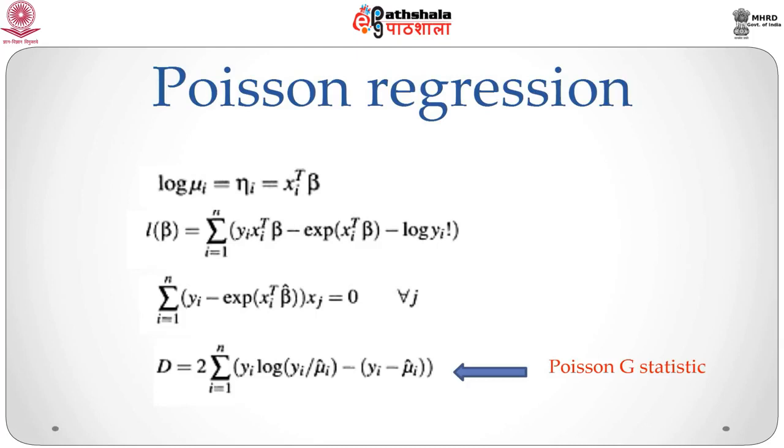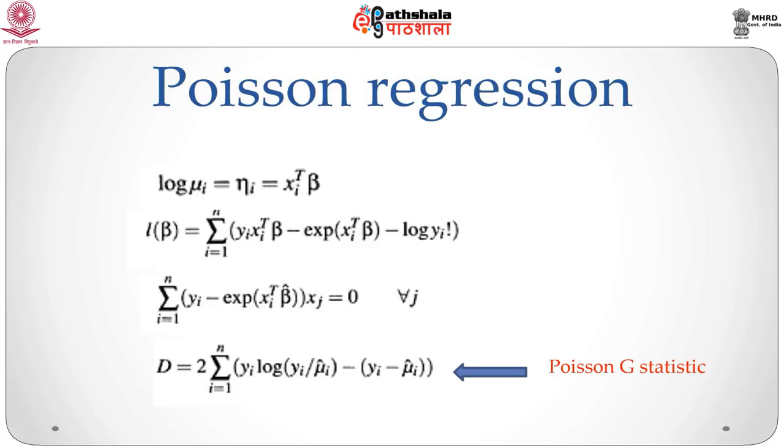Estimation is possible by maximizing the log likelihood given by l(beta) equal to summation i=1 to n yi xi prime beta minus exponential xi prime beta minus log yi factorial.